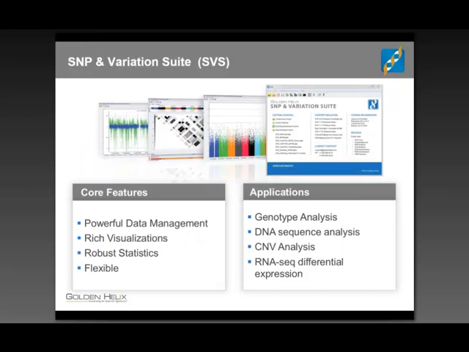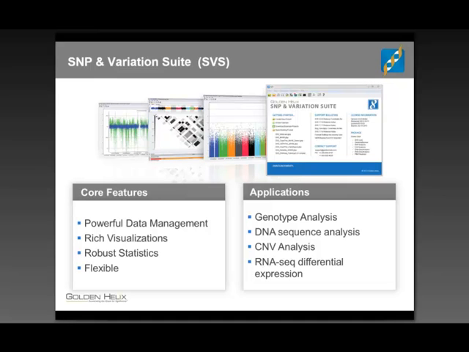As I said, we are going to be talking about our SNP and Variation Suite, or SVS, and this was created specifically for genetic research, and it was initially developed in the GWAS era. The features that I'm going to be talking about today are GWAS features, so GWAS is not dead. And with SVS, the performance and usability and visualization have made the software an obvious and popular choice for genetic researchers researching both GWAS and DNA sequencing, and has resulted in hundreds of citations in peer-reviewed articles.